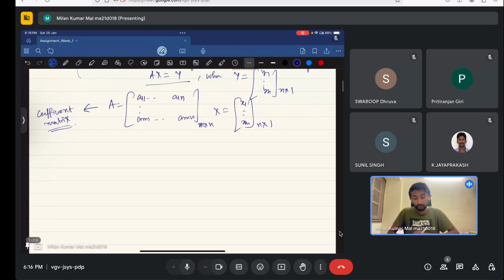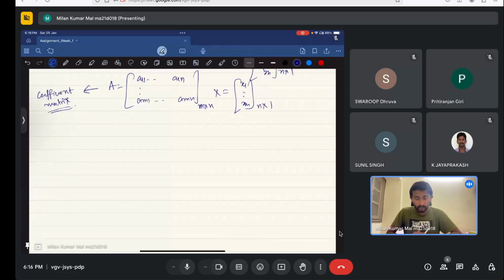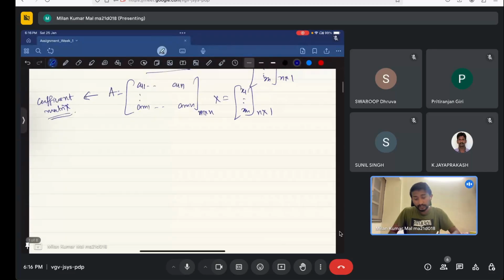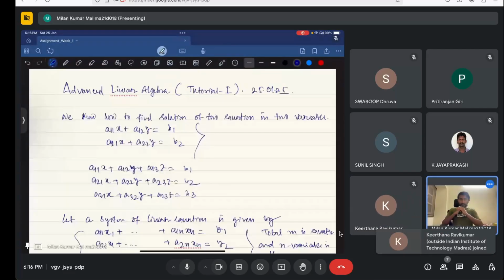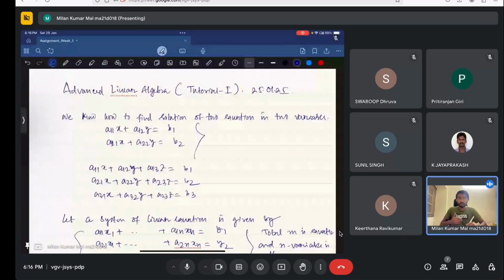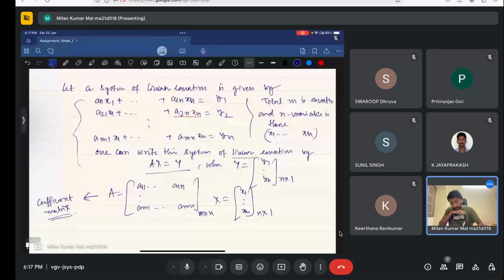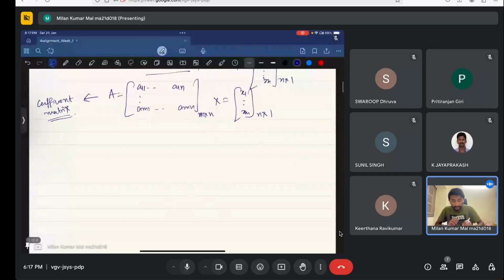So before going to that, we need to know about the operations we are doing here: multiplying one equation by a constant and adding it, and multiplying the second equation by a constant and adding that. Those operations are called elementary operations.